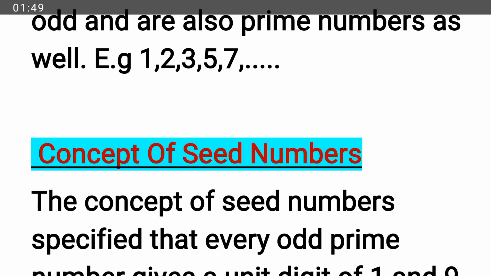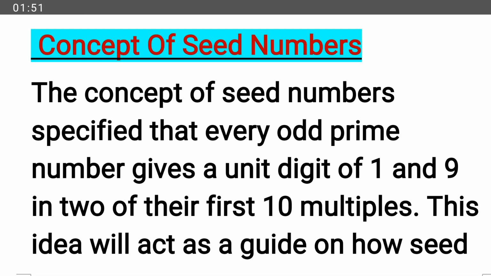Now, the concept of seed numbers. What does it actually mean here? The concept of seed numbers specifies that every odd prime number gives a unit digit of 1 or 9 in two of their first 10 multiples.